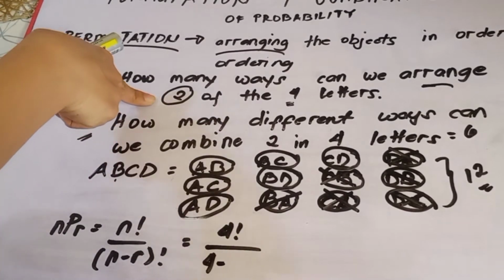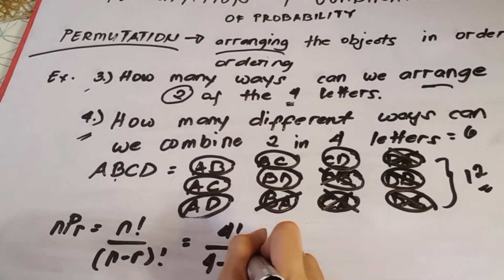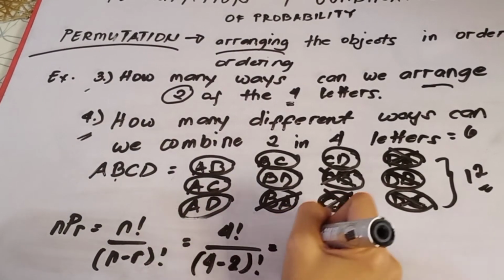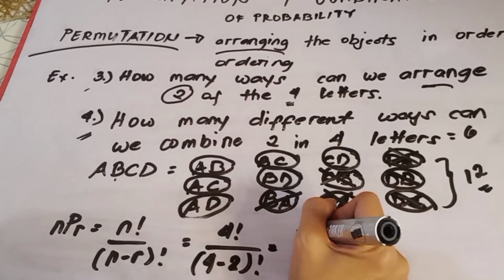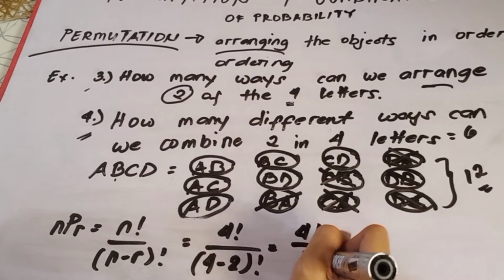So ilan yung items natin na i-group daw sa ating problem? That is 2. So that is 4 minus 2 factorial. Or that is simply 4 factorial, 4 minus 2, that is 2 factorial.